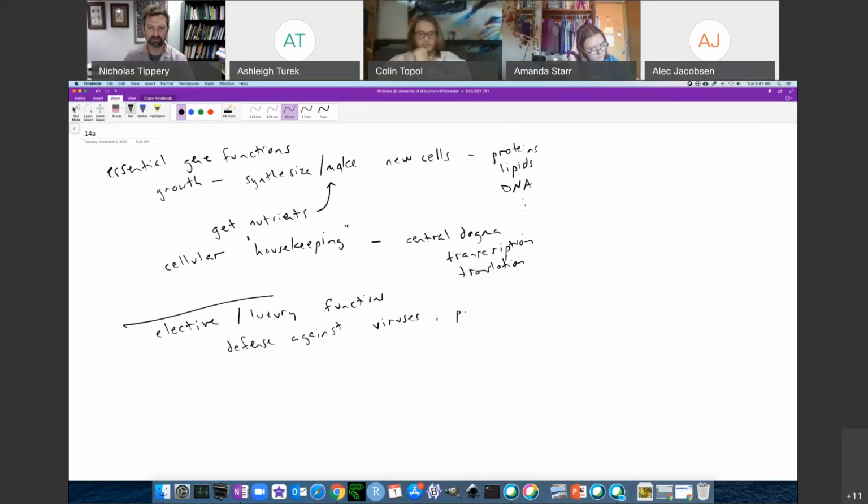We'll call it a predator. So maybe some defense pathways, molecules that might be involved in defending against viruses or competitors.